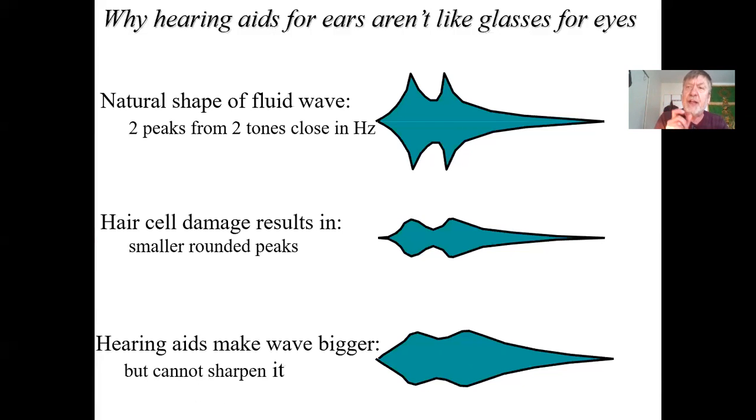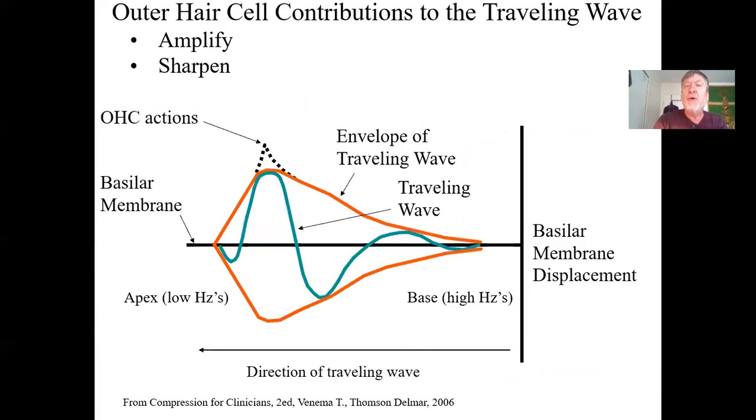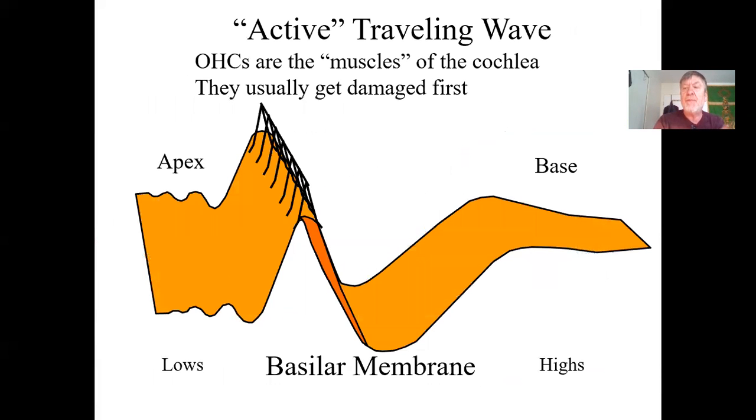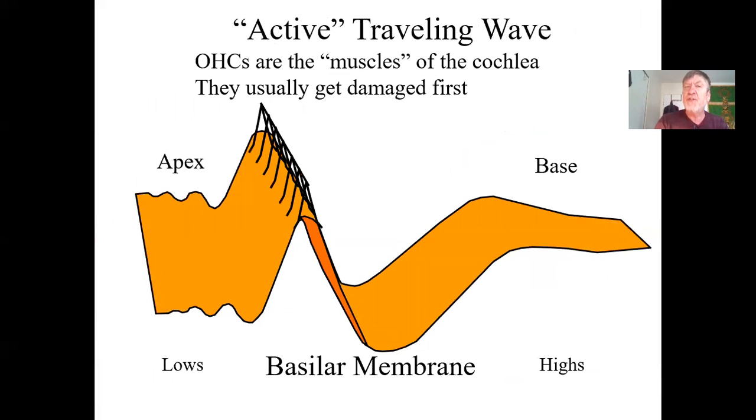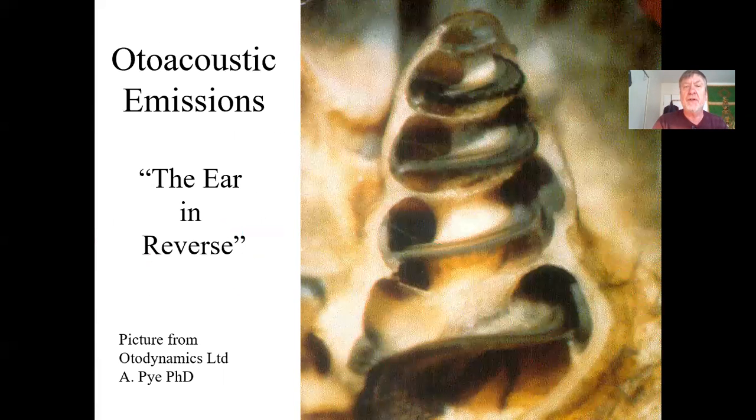And in so doing, the person with the damaged hair cells will be better able to separate the speech from background noise, even though he or she has passive traveling waves. Normal hearing people with normal outer hair cells have active traveling waves. And these active traveling waves, of course, can occur anywhere along the basilar membrane. Good, good, good.